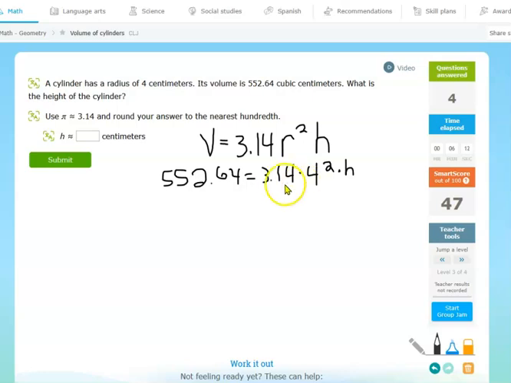So all we have to do here to get h by itself is divide this whole thing by 3.14 times 4 squared. And we can do this because this is all multiplication. We can just divide by that entire expression. And when we do that, this is going to cancel out on this side. Remember, we have to do the same thing to both sides. And over here on the left, this is really the expression that's going to go into the calculator. So we've got 3.14 times 4 squared.